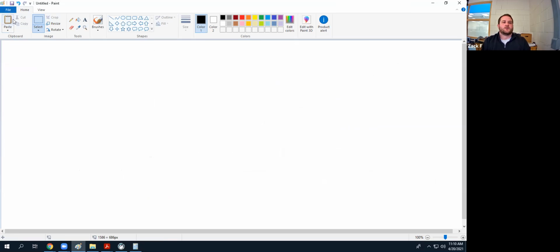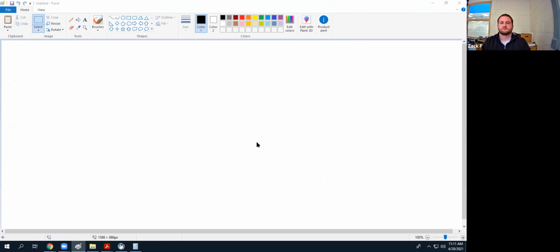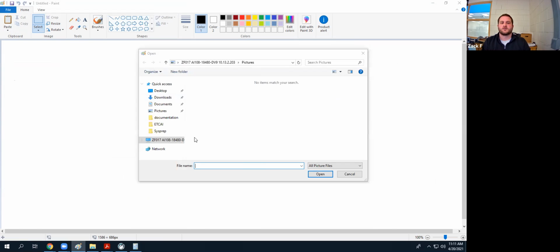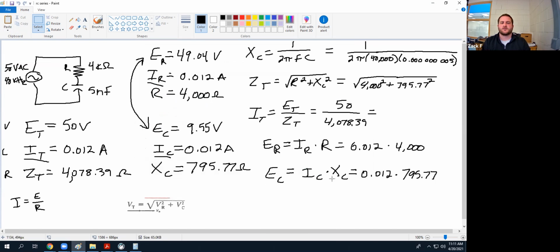All right. Shall we do a capacitor and resistor in parallel? For the value of ER, 0.01. What did you say? For the value of what?